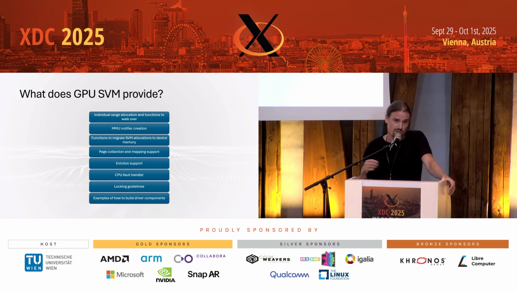So that would be after you allocate a range in a GPU fault handler and decide to move it, a way to attach the pages to the range and map it so your GPU can understand it, and then go ahead and bind it into its GPU page tables.